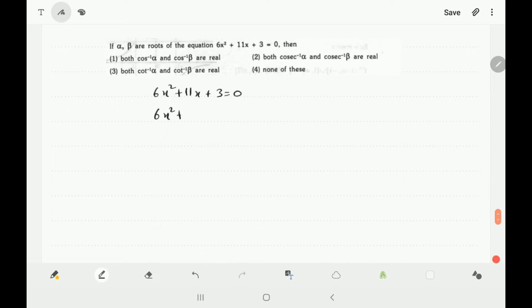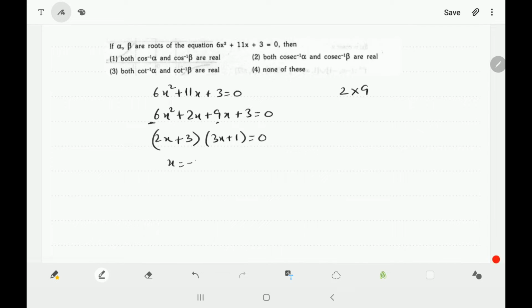We can write this term as 6 into 3 is 18, so you can write it as 2 into 9, so it will be 2x plus 9x plus 3 equal to 0. Okay, so you will have 2x plus 3 times 3x plus 1. Is this clear? You can take 2x common from this term, and 3x plus 1 will be balanced, and from here you can take 3 common.